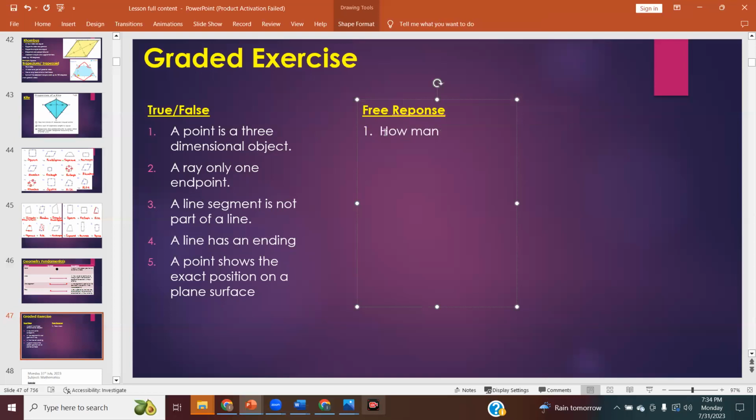How many endpoints does a line segment have? How many endpoints does a ray have? What is a ray?